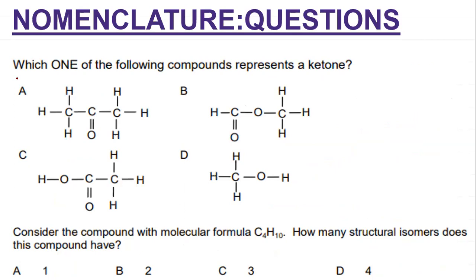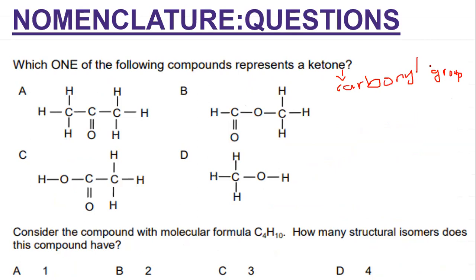Right? Then they ask us, which one of the following compounds represents a ketone? Now we know a ketone has that functional group that we call a carbonyl group. And that carbonyl group, we know we get it between 2 other carbon atoms.